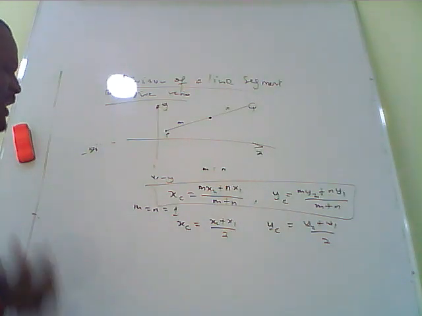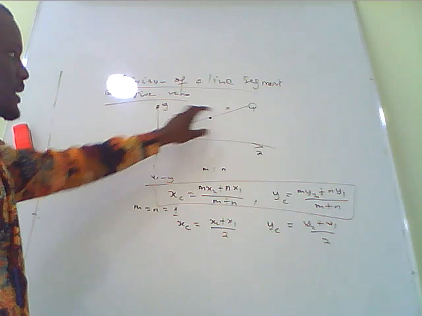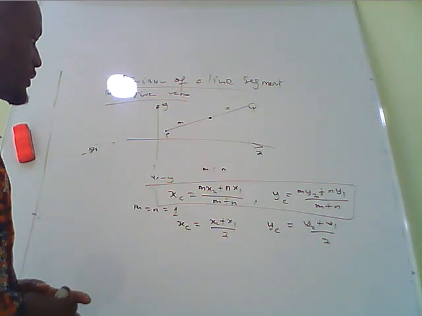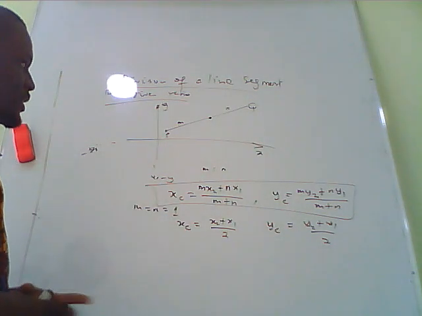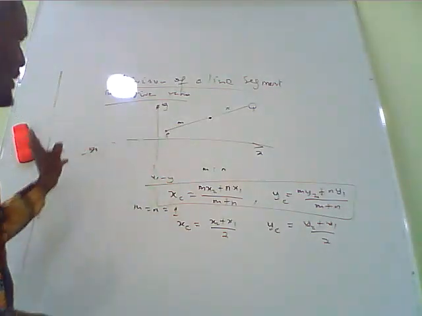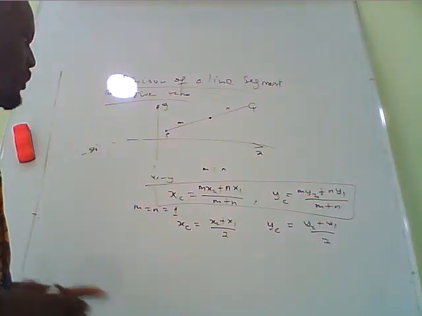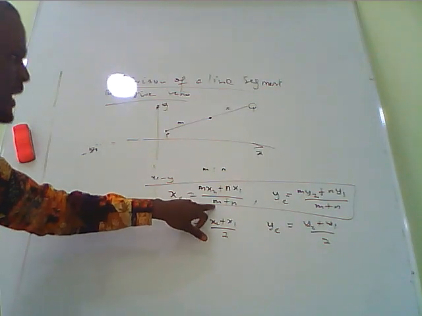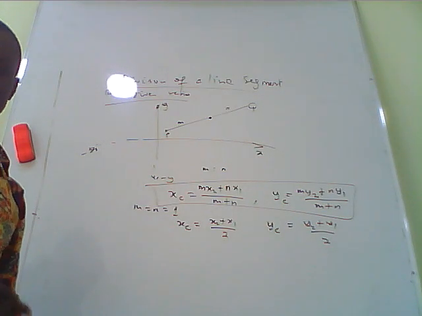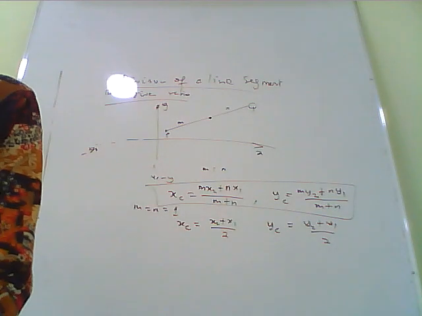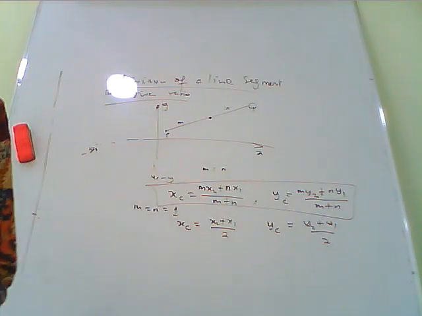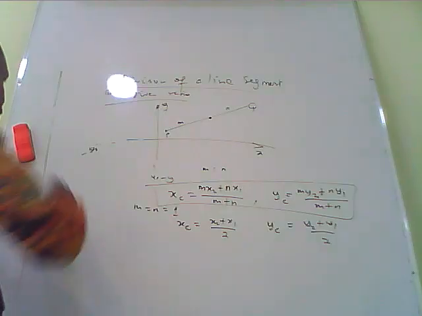For internal division, m and n are positive. But for external division, that is dividing this line outside the line segment, we're going to take either m negative or n negative. We're going to solve different examples that will illustrate this division of line segments in ratios.